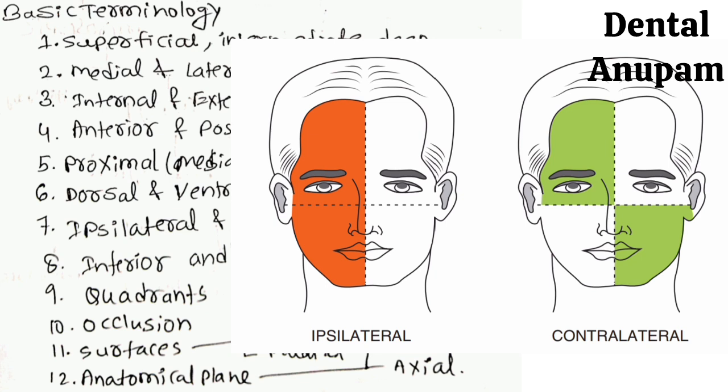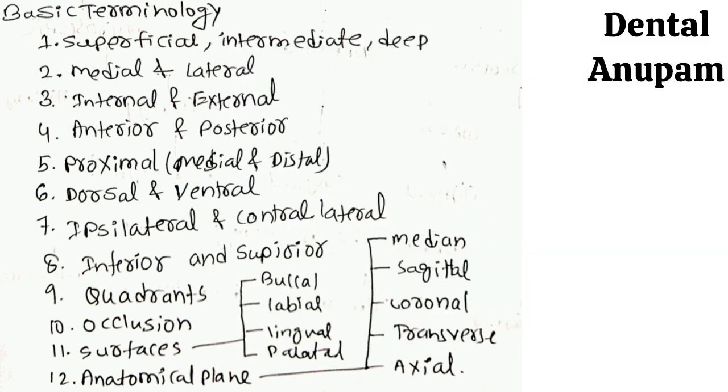Contralateral denotes the opposite side. For example, the right arm is contralateral to the left leg, and the left arm is contralateral to the right leg. Inferior and superior. Inferior denotes the lower, and superior denotes the upper.